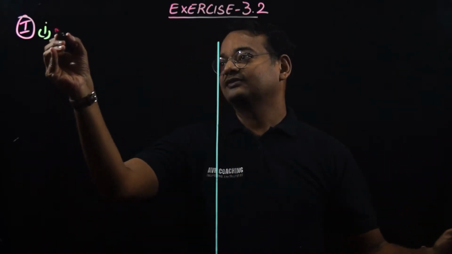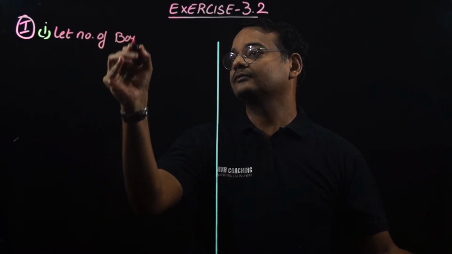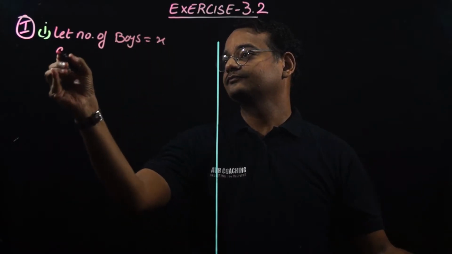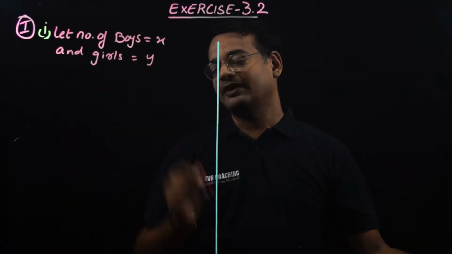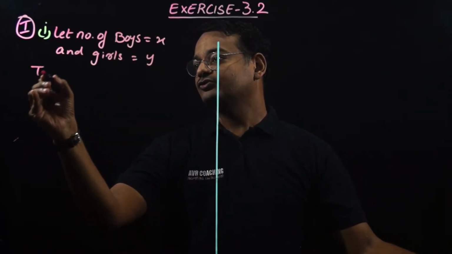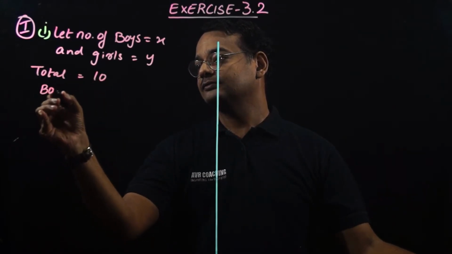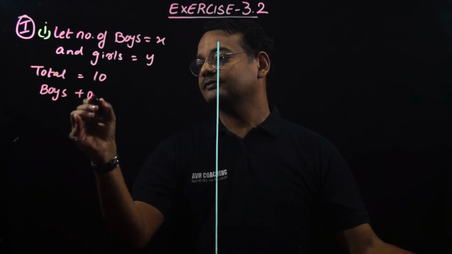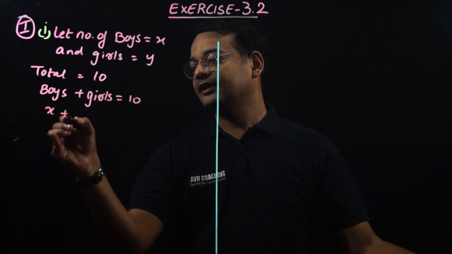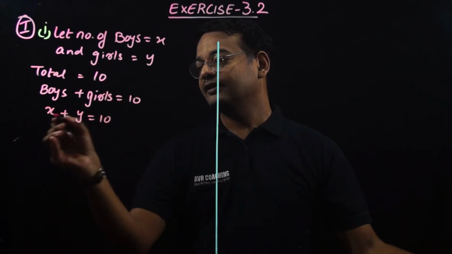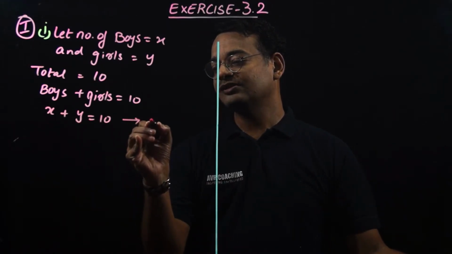First, let the number of boys be x and the number of girls be y. Now the total number of students is 10, so boys plus girls is equal to 10. So we will take x plus y equal to 10. This will be equation 1.